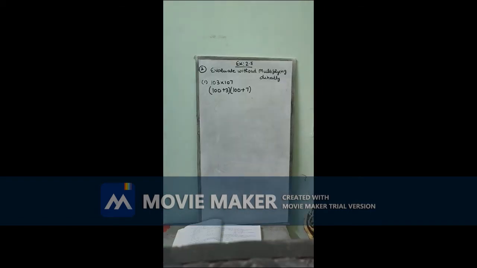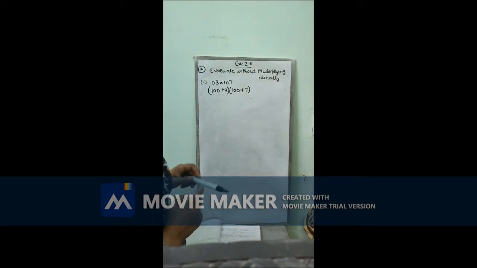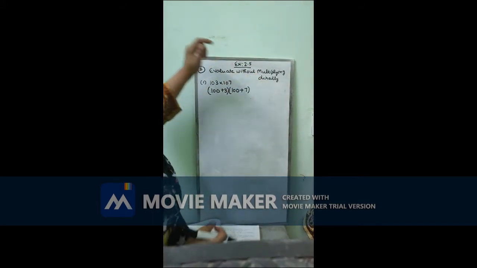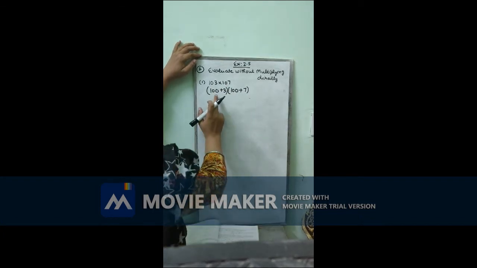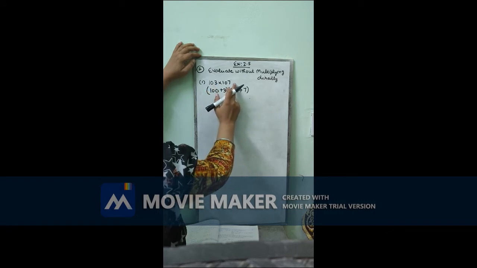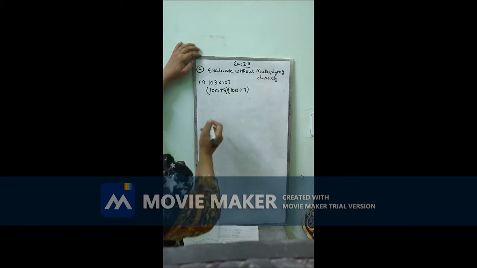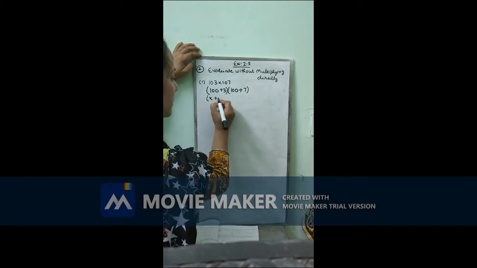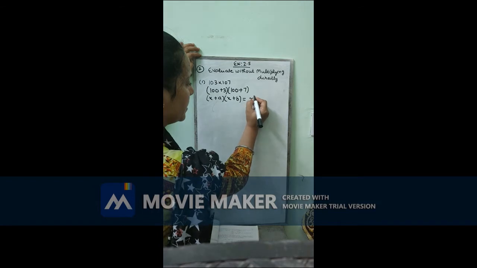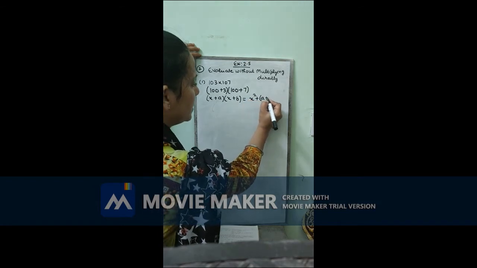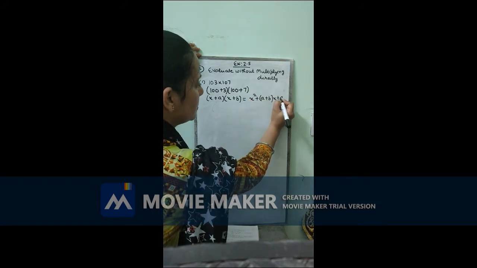Students, now we are going to discuss sum number 2. Evaluate without multiplying directly. Statement is in first part 103 into 107. You will break the statement with 0. Means 103 can be written as 100 plus 3, 107 can be written as 100 plus 7. Again this is (x plus a) into (x plus b). Identity is x square plus (a plus b) into x plus ab.